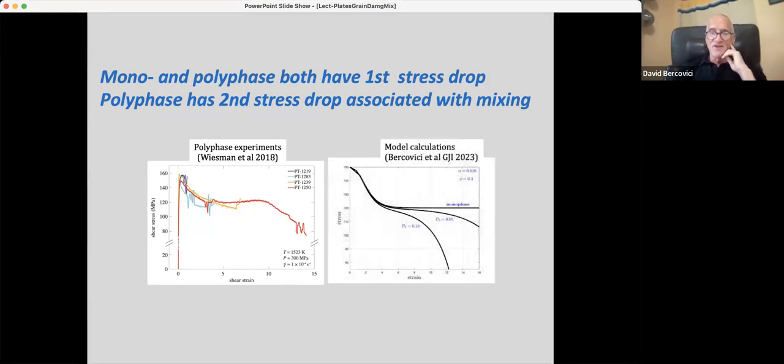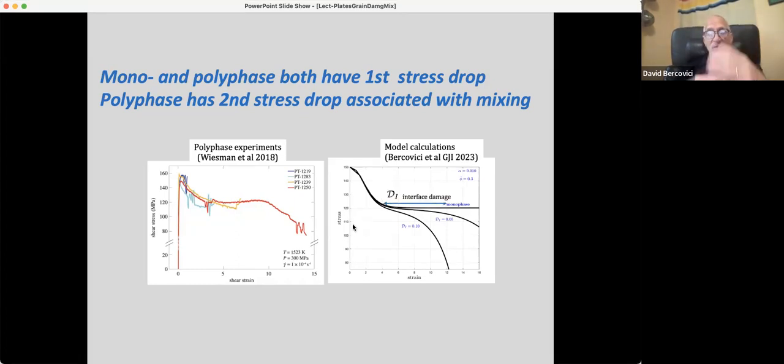And we could predict this in the theoretical or numerical experiment, in which we have a first stress drop, and then we get a second stress drop. The first stress drop is due to damage that just occurs on the grain boundaries, because I'm basically taking deformational work and pumping energy into grain boundaries, which would occur even if it was just pure olivine. This happens no matter what. So even in the monophase or any other one, that's the same stress drop. The second stress drop is due to the interface damage.